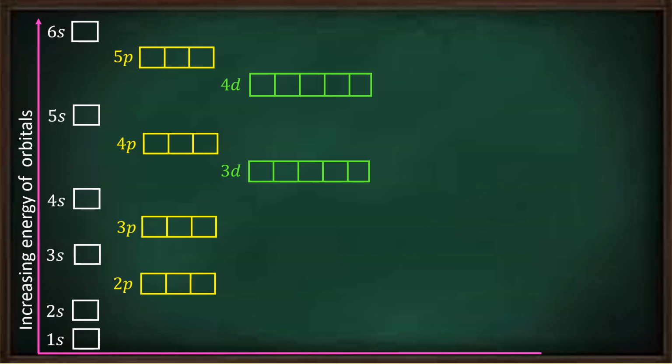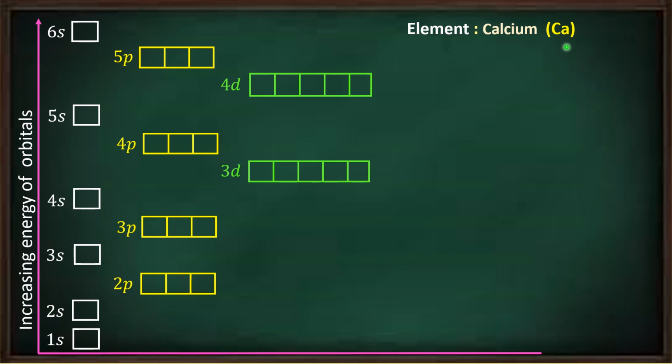And the next element in the periodic table is calcium. In this video, I already told you I am going to tell you the electronic configurations of the first 20 elements in the periodic table. So calcium is the 20th element in the periodic table.